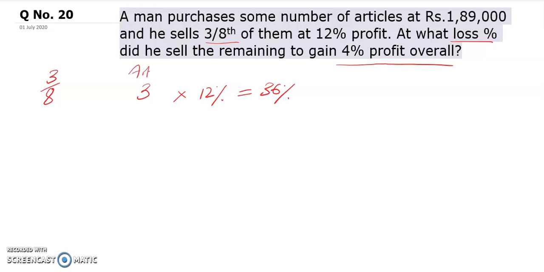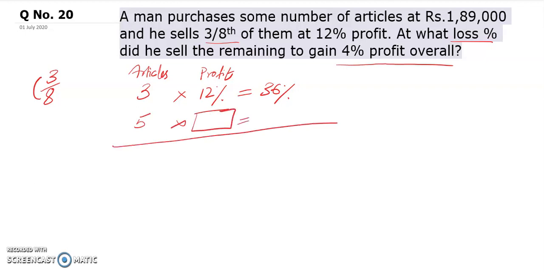This is articles and this is profit. So 3 into 12 is 36%. And the remaining articles are how much? 8 minus 3, which is 5. We need to find out this. The overall profit percent is 4%. The 5 part, the second part, is sold at a loss.